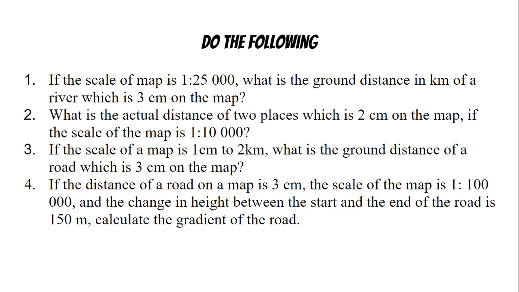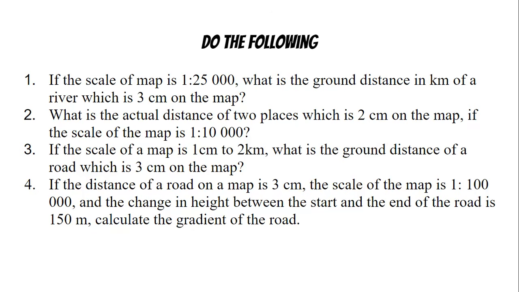So the end result is for you to calculate the gradient, but in order for you to calculate the gradient, you need to find the distance. So when you study or practice calculating the distance, it's not just for finding distance alone, but also to find the gradient.